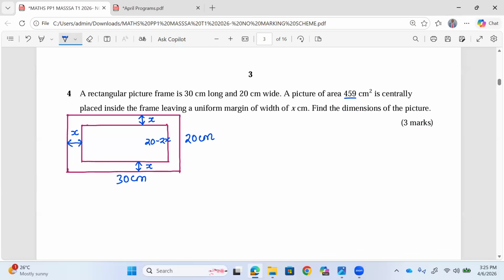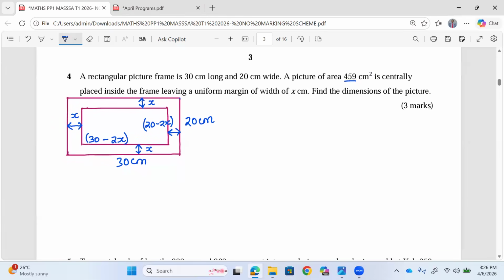Because of this x and also x on this other side, the inner length is going to be the original 30 minus 2x. This is the width, 20 minus 2x.